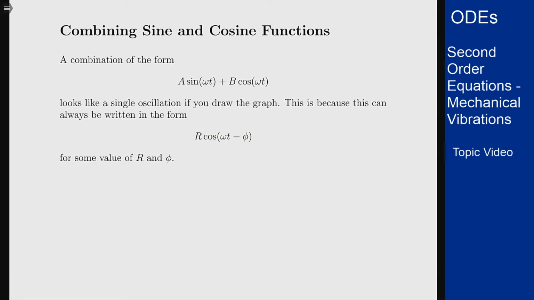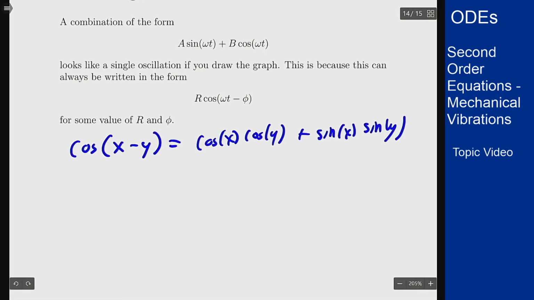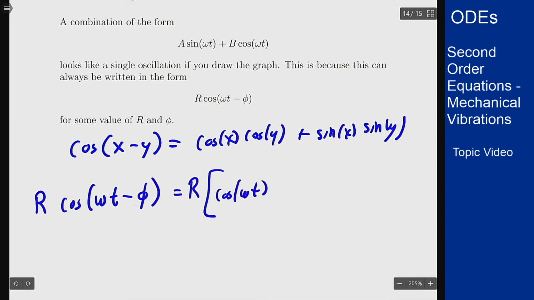I can use the identity that cosine of x minus y is cosine x cosine y plus sine x sine y to rewrite r cosine of omega t minus phi as r times cosine omega t cosine phi plus sine omega t sine phi.